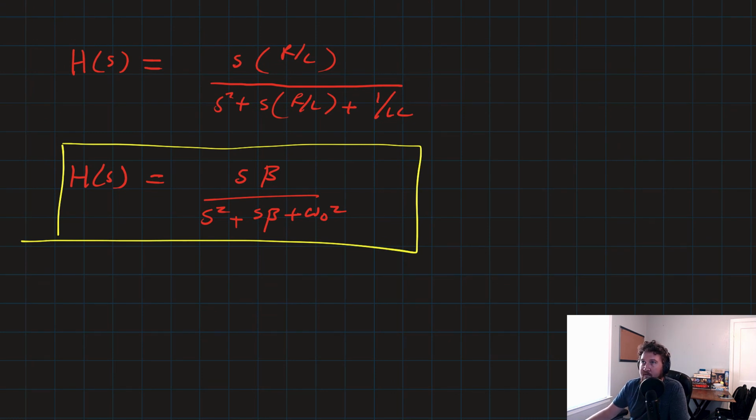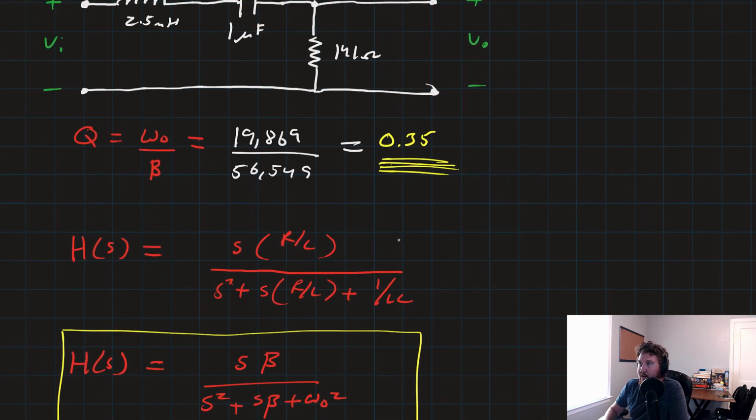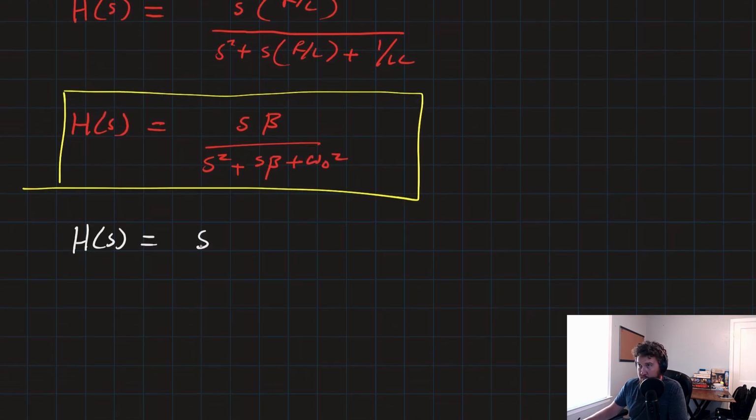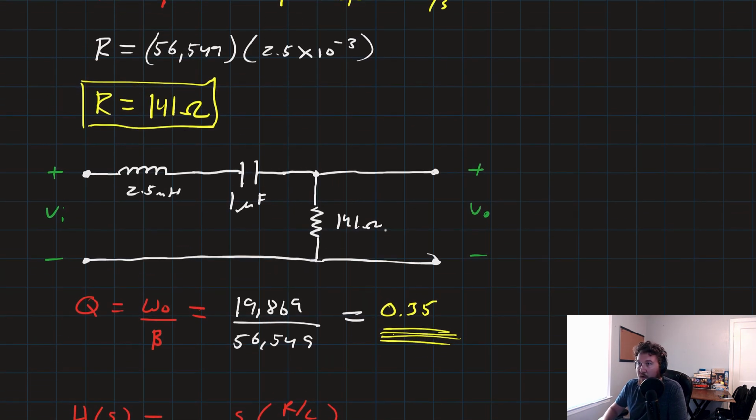Let's go ahead and put the values that we calculated for all of that in. So H of s is equal to s times, what do we get for beta? 56,549. So s times 56,549 over s squared plus s times 56,549 plus the center frequency squared.